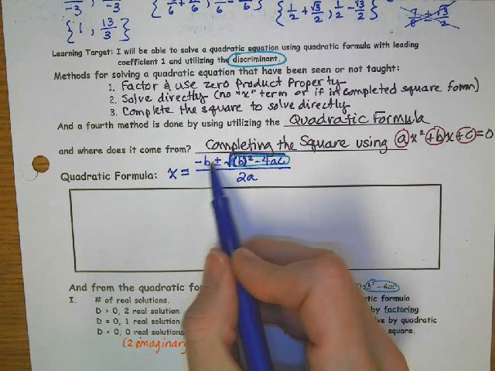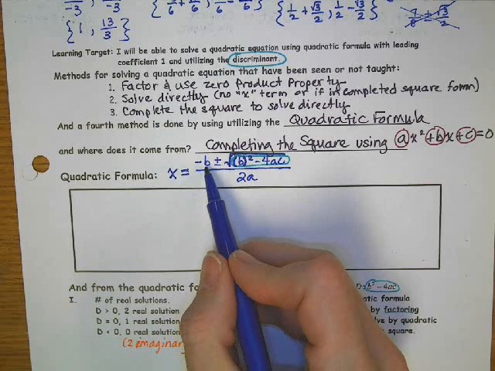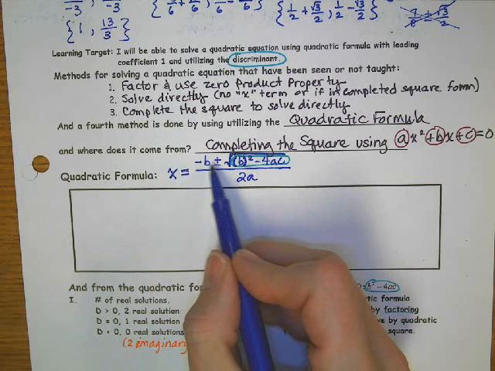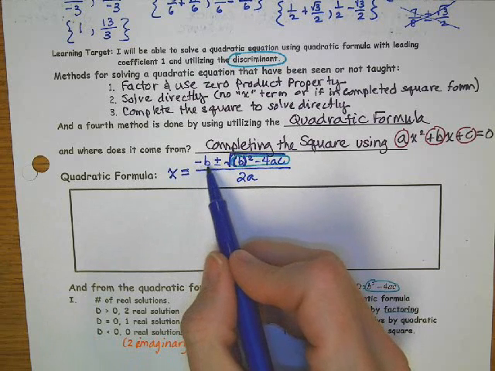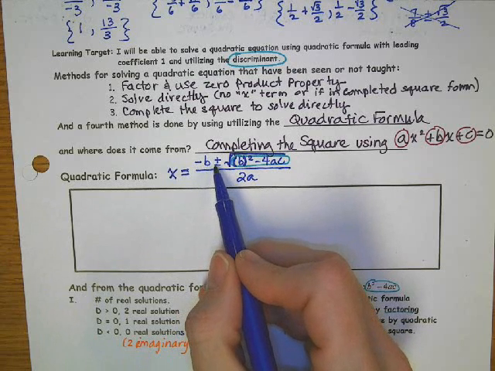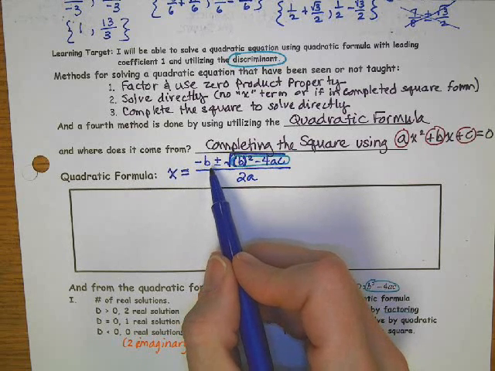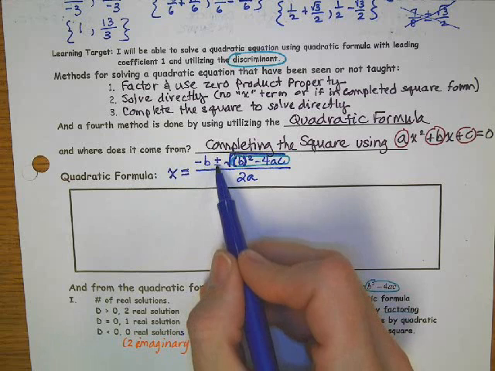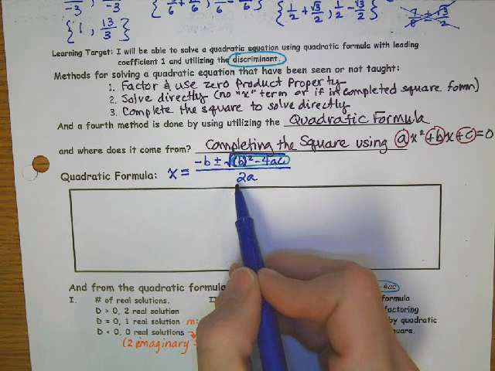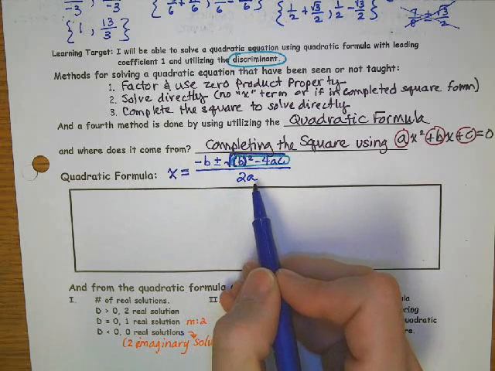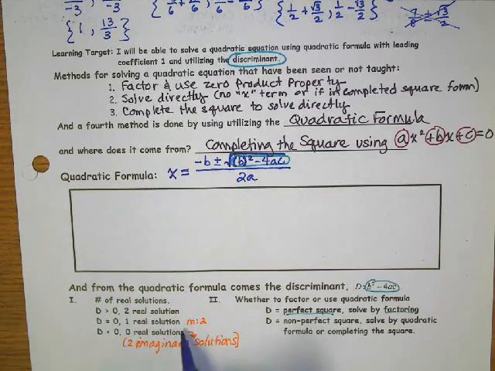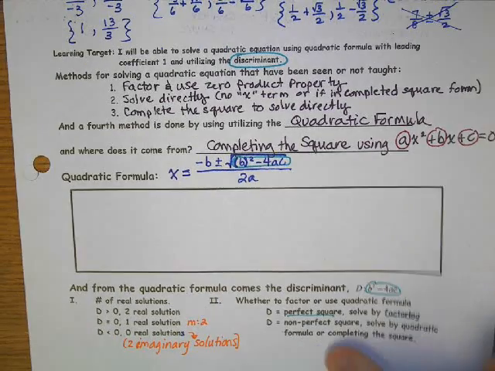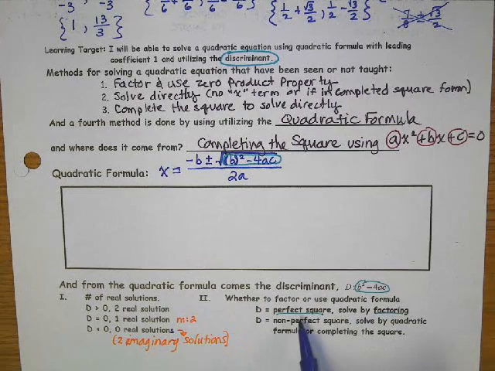And if I add 0 to the opposite of B, or I subtract 0 from the opposite of B, it's not going to change the value of what the opposite of B was. So I'm going to look like I have one answer because I'm not changing the opposite of B by adding or subtracting 0. And I'm still then dividing the opposite of B by 2A. So remember, when that happens, that's why we have that multiplicity of 2. Also, because it was a perfect square, it was factorable.